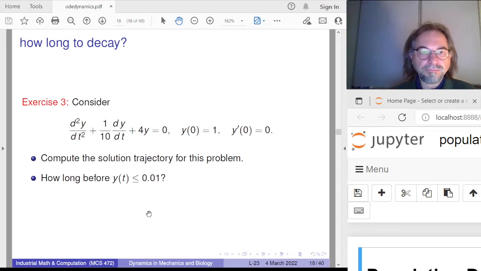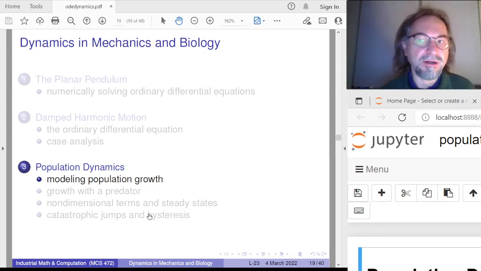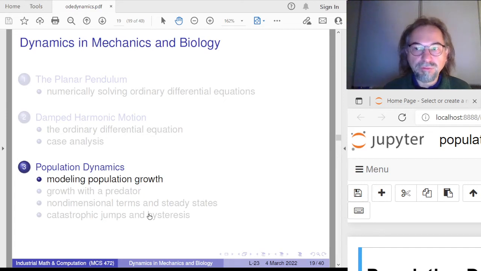And one can interpret this model also as a problem of damping. Okay, now let's do some mathematical biology. Last time we introduced the logistic equation to obtain a model for population growth.